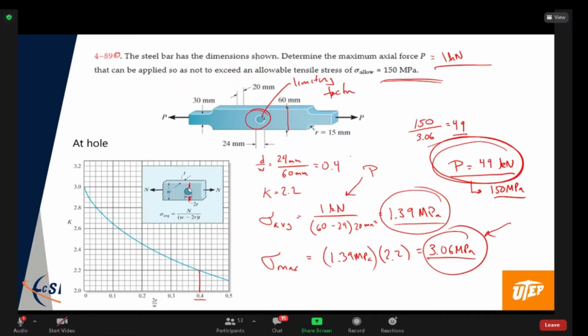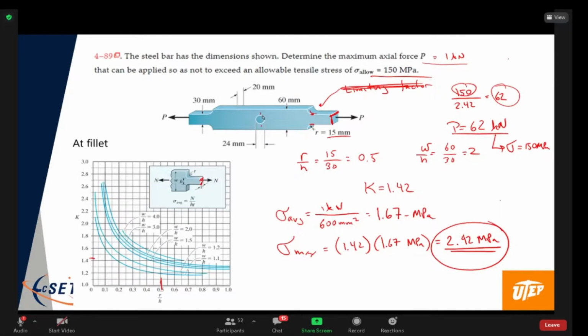Because I know sometimes students aren't the biggest fan of having the problems in terms of variables. They like to see numbers, right? So you can do that in a lot of problems by assuming a force, assuming it's a linear problem, seeing what the stress actually is, and then realizing that if you have to double the stress or half the stress, that means the force gets doubled or halved, okay? Because it's linear.